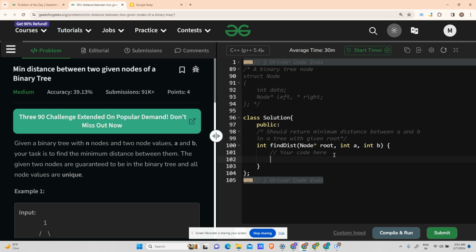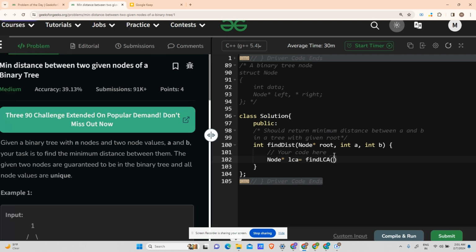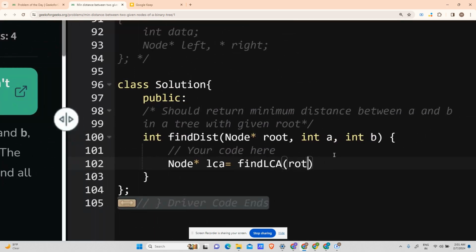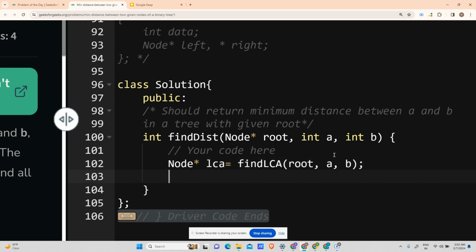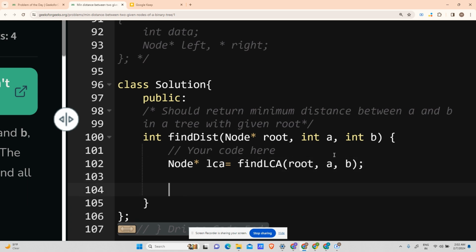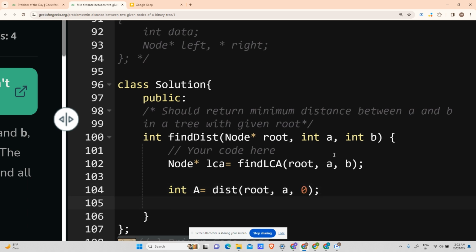So what did we do? My node star LCA, I will define a function findLCA. Let me zoom it. findLCA, I will send root with my two values. This was my first operation. Now, my int A was the distance of A from root, currently 0. This is a helper function.